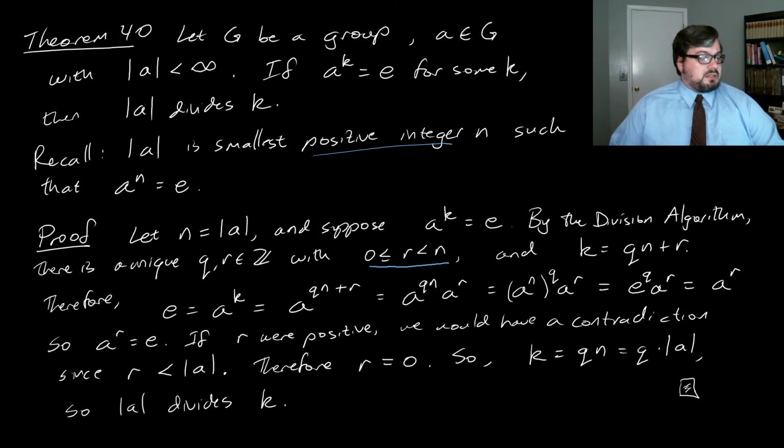So what does this mean for us? We're going to have a few corollaries of this that we're going to use as we move forward through the theory of cyclic groups. But the first thing that I want to talk about is just intuitively, what does this mean?